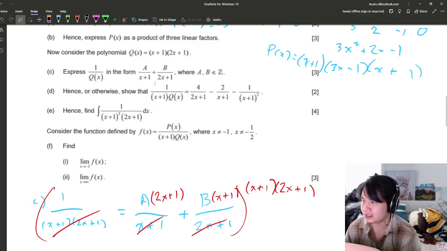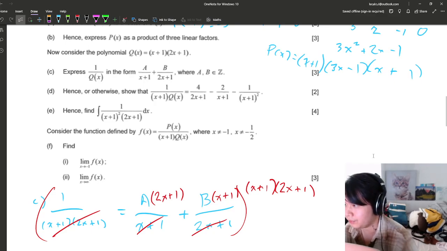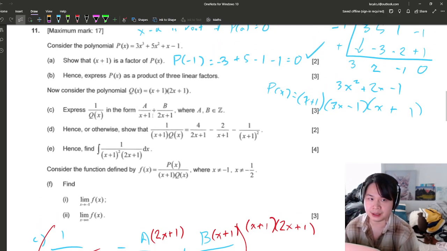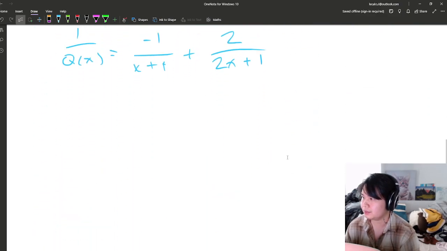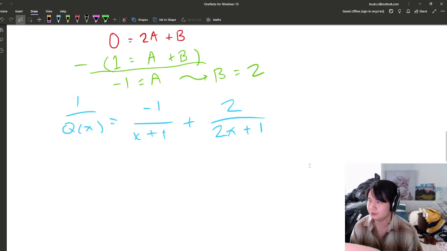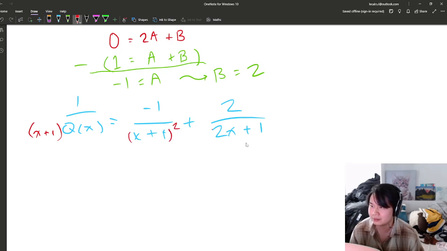Hence or otherwise, we need to show this. Okay. So hence means that we're probably going to use the partial fractions. So, okay, let's see what we got. I'm just going to work from here. The only difference is now this has another x plus 1 multiplied in the denominator. So to keep things equivalent, we multiply both of these by x plus 1. So this gets multiplied by x plus 1. This gets multiplied by an x plus 1.